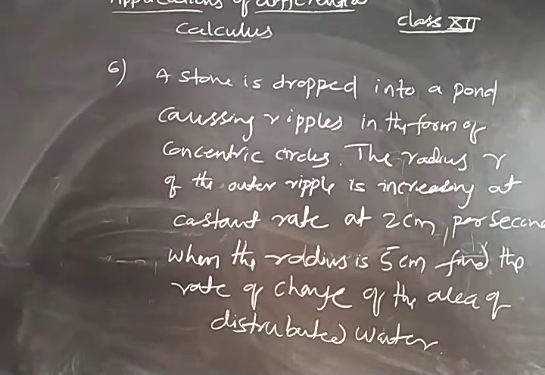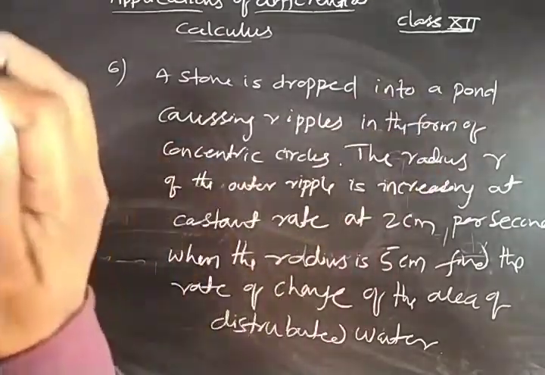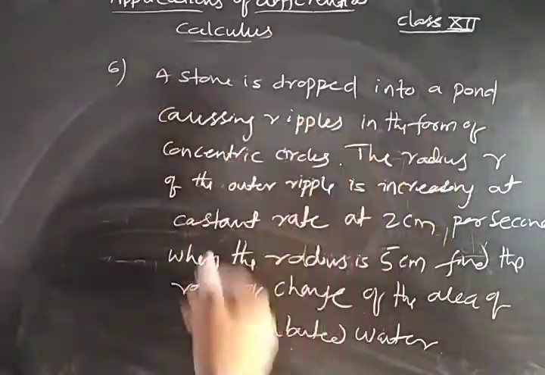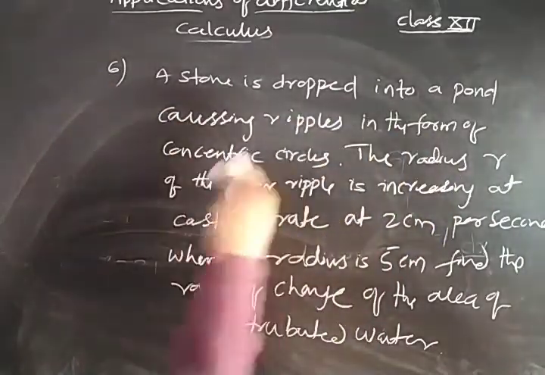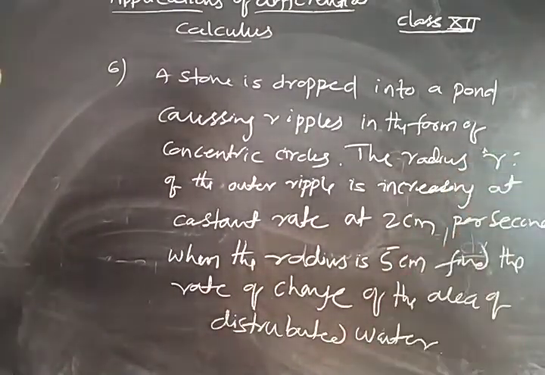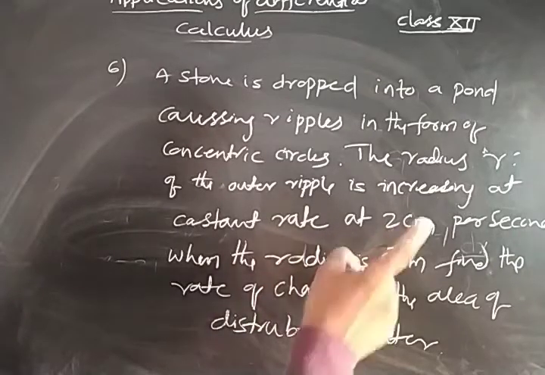So we are dropping a stone into a pond, and by dropping the stone we get ripples. The ripples are in the form of concentric circles, and r is given. What is r? r is the outer ripple radius. It is increasing at the rate of 2 centimeters per second.